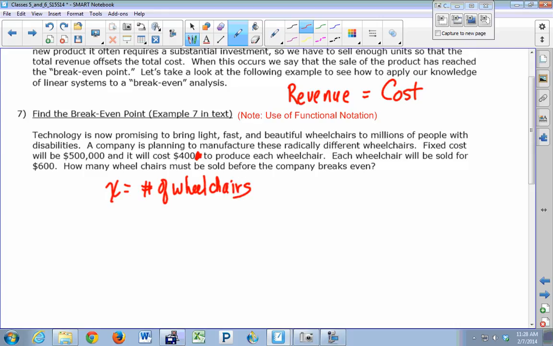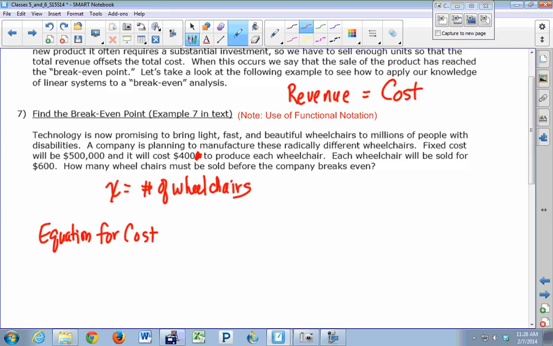Okay. So we want to know how many wheelchairs have to be sold for the company to break even. So we need to come up with an equation for the cost and an equation for revenue. If we were in chapter 5, I would be calling it a cost function, but we'll just say an equation.